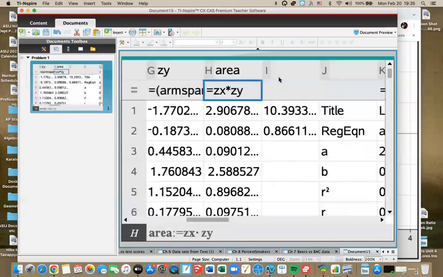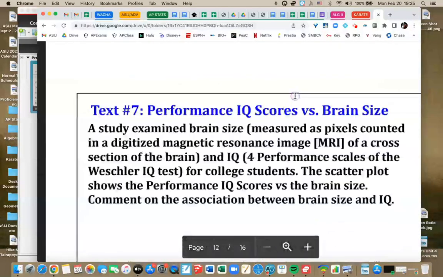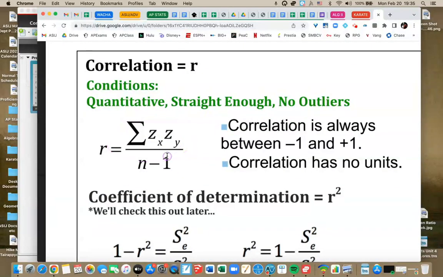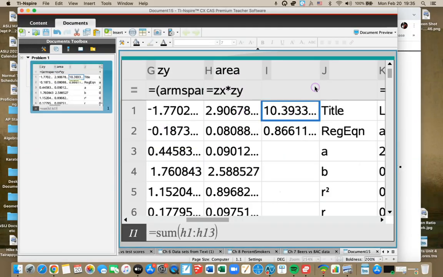Once you get your areas, the formula tells us to add them up. So you can see I took the sum of the area list. I went H1 to H13 because we had 13 students in the class.